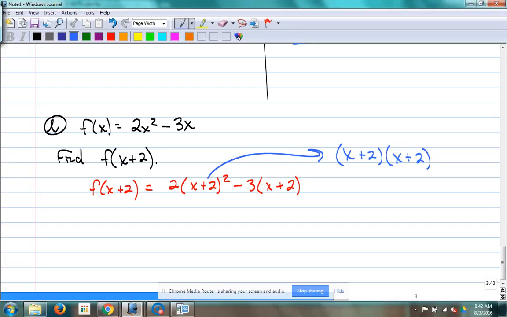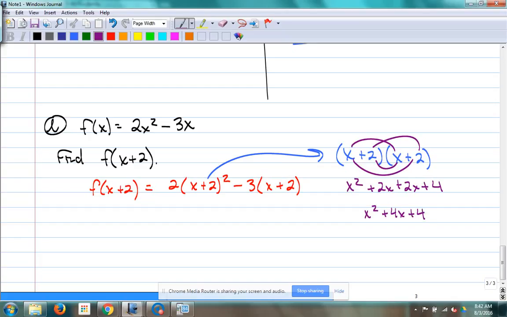No. That's the same wrong answer. If I multiply that out, x times x, x squared, plus 2x, plus another 2x, then plus the 4. So it turns into x squared plus 4x plus 4.